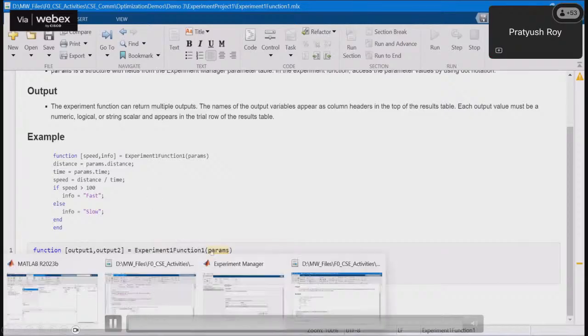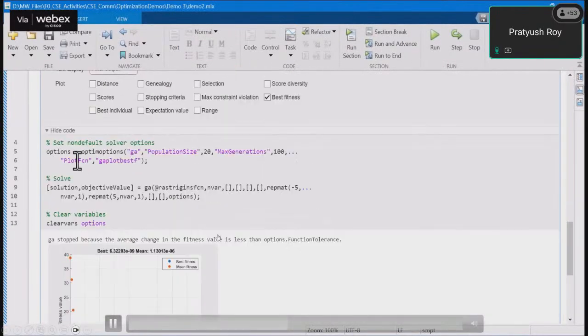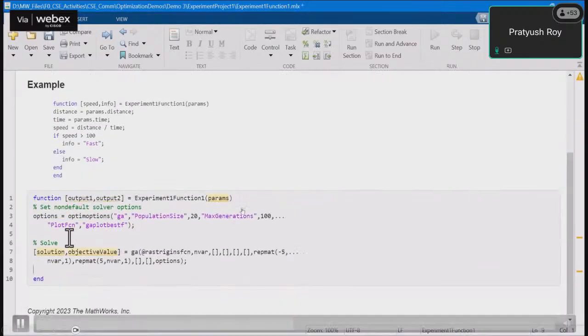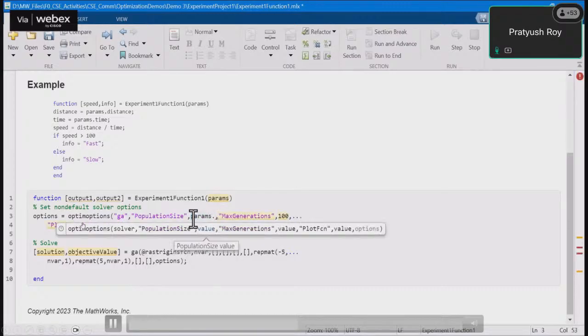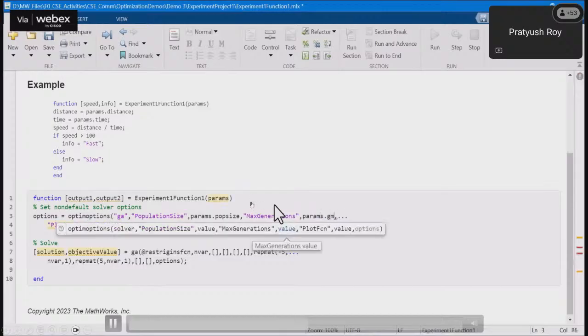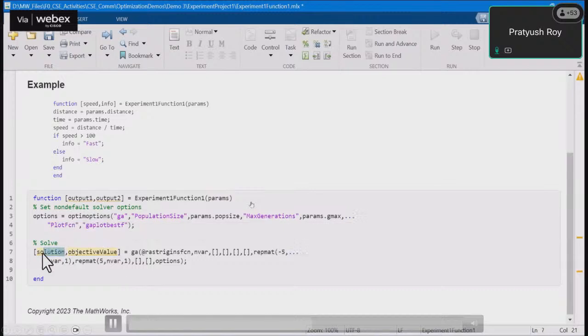So it will look for the params, the parameter values, which are the things which you can control, which is the population size and the maximum number of generations. So I just write the script which I got from the genetic algorithm experiment, but instead of population size as some fixed value, I will just write it as params.popsize since it's a variable now. And for max generations, instead of a fixed value, I will write params.gmax, since it's a variable.